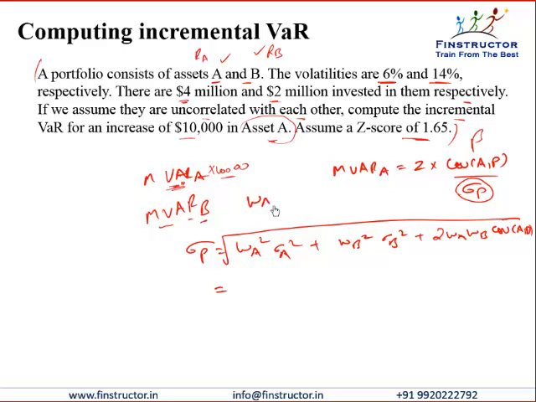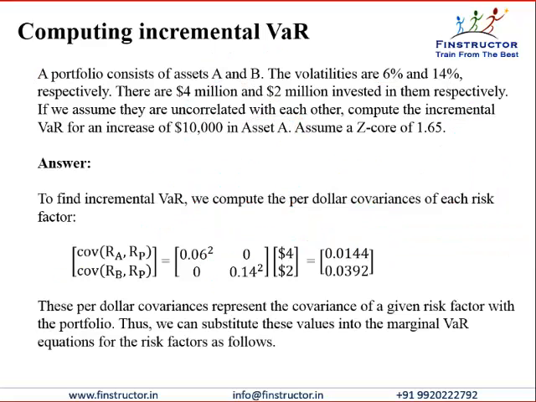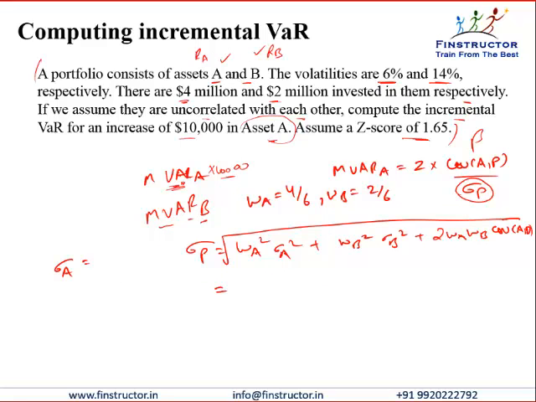So weight of A is given to be 4/6, weight of B is given to be 2/6, sigma of A is given to be 0.06 and sigma of B is given to be 0.14. The correlation or the covariance between A and B is given to be 0.